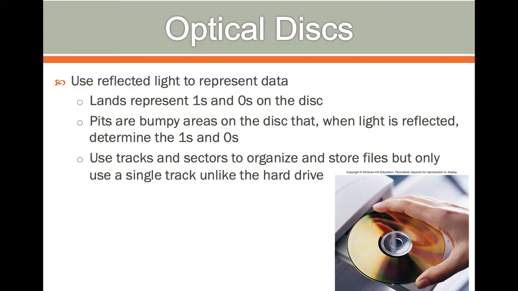They use tracks and sectors to organize and store files, but only use a single track unlike the hard drive. As you can see, I believe that most of you have experience with this optical disc.